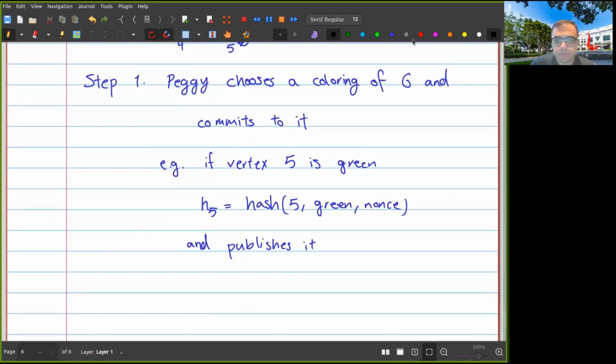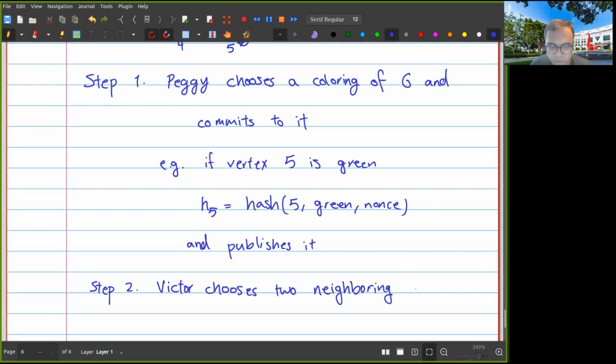Now, in step 2, again, we have to give a choice to Victor. So Victor chooses 2 neighboring vertices, and he can choose this as he likes. So let's assume that he chooses also at random.